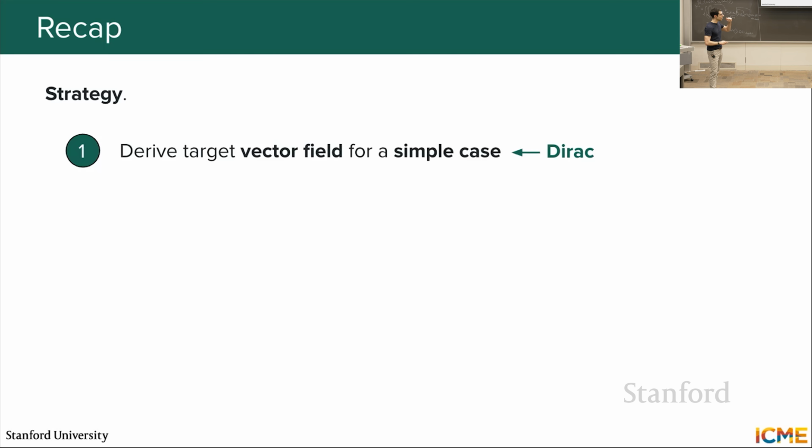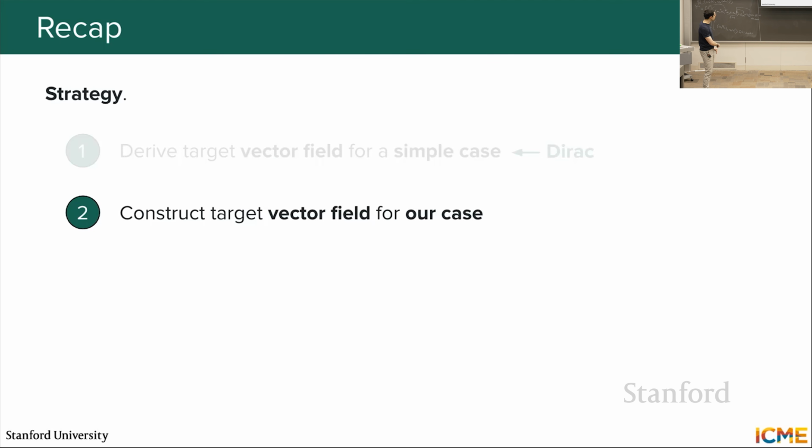So this is the simple case with the Dirac distribution being the target distribution. And then what we said was, okay, given this very simple case that is super tractable, let's try to match our initial distribution with the actual target one of interest, which is the whole data distribution, not just a single point, but the whole data distribution.